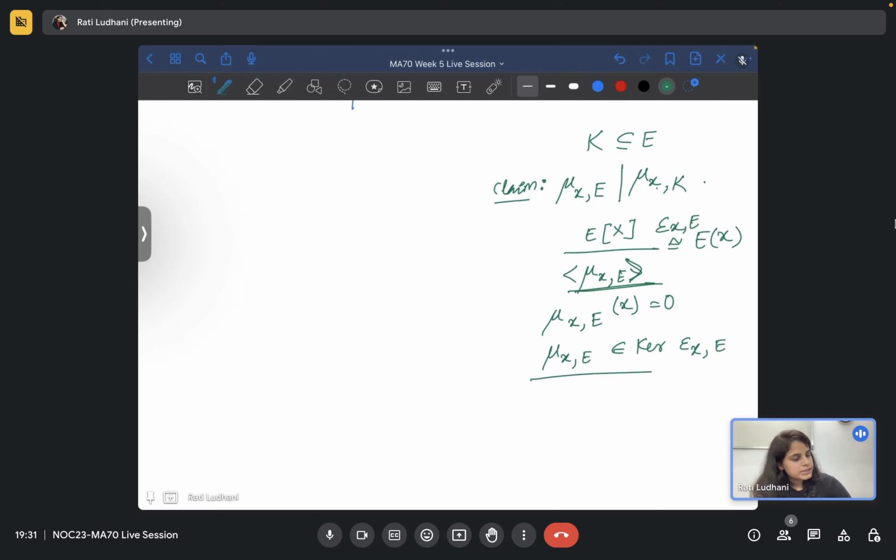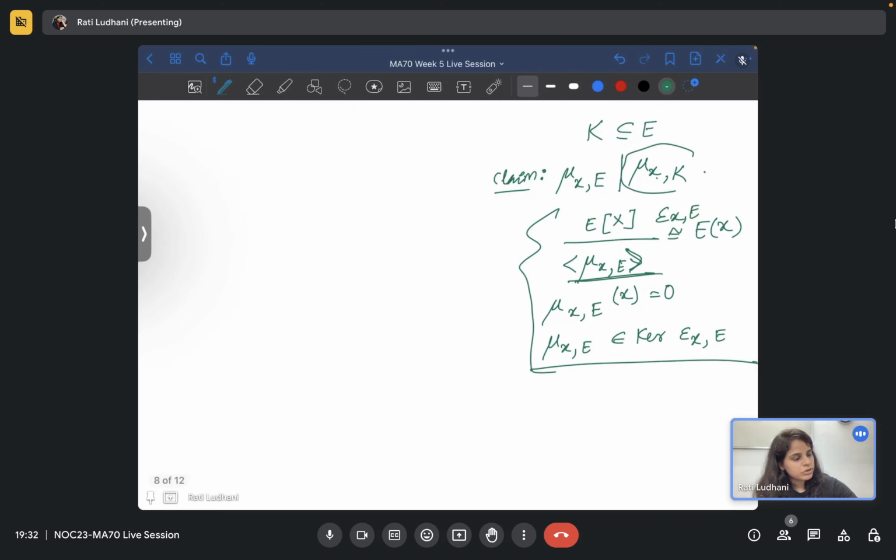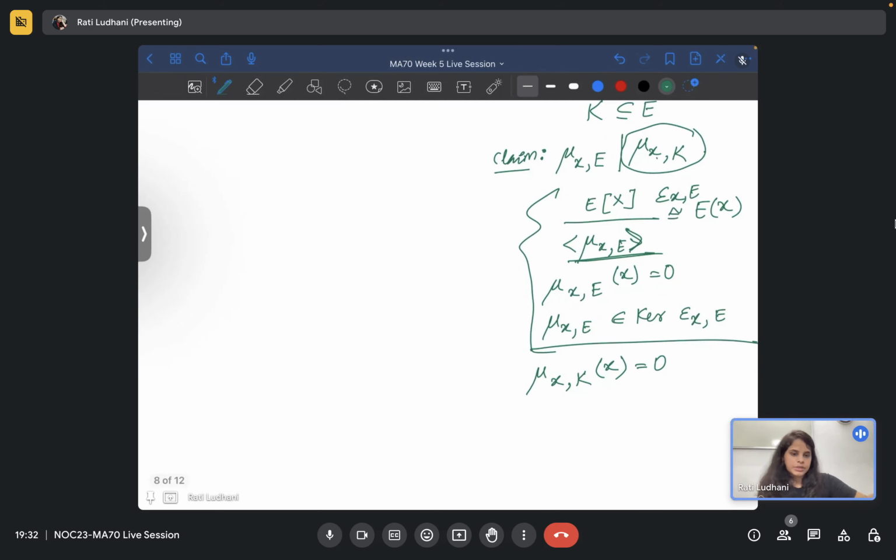Now let's see what this is. Mu x comma k, when you evaluate this over x, what will you get? You will get 0, because this is the minimal polynomial of x over k, and when you evaluate at x you will get 0.